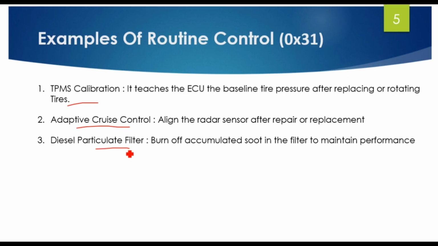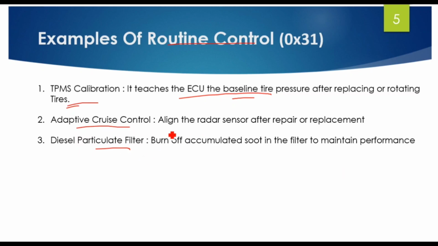Okay. So if I take tire pressure calibration, the routine purpose is that it teaches the ECU the baseline tire pressure after replacing or rotating tires. How does TPMS calibration work? The ECU records the current pressure reading as the new standard. Whatever the current pressure the ECU is reading, that becomes the baseline using this routine control.